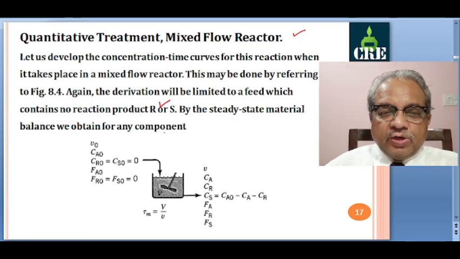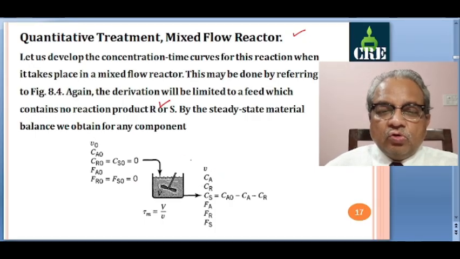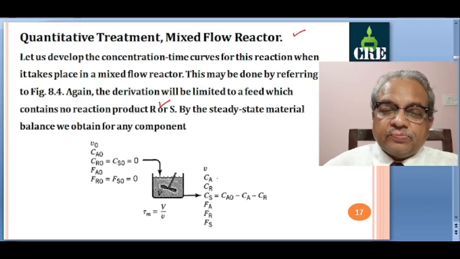By the steady state material balance, here a mixed flow reactor is considered with volume V, tau m is V by v, where v is the volumetric flow rate, this we have done a number of times. This is v0, CA0, CR0, CS0 is 0, FA0 is the molar feed rate, so FR0, FS0 is also 0. Exit conditions: v0 will be equal to v at steady state.